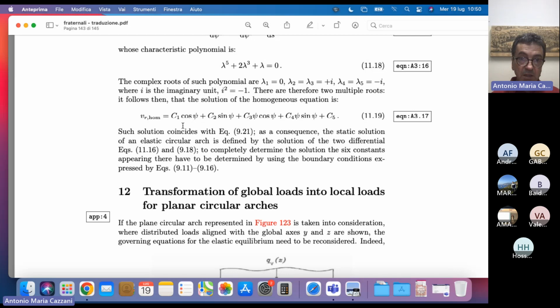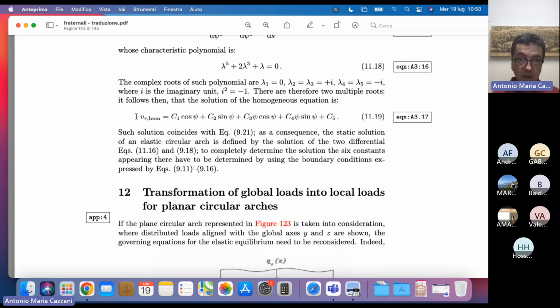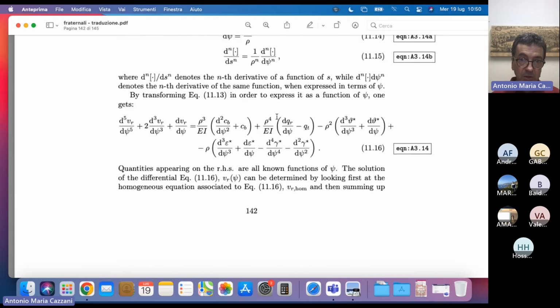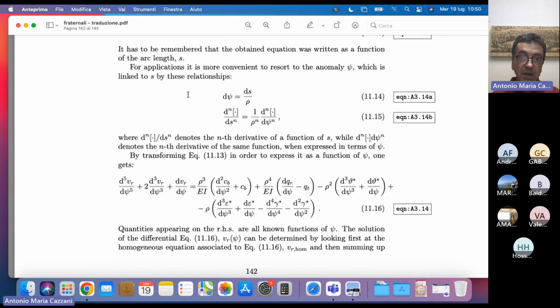So at the very end, we see that the solution of this problem, once we know also a particular solution, is given.